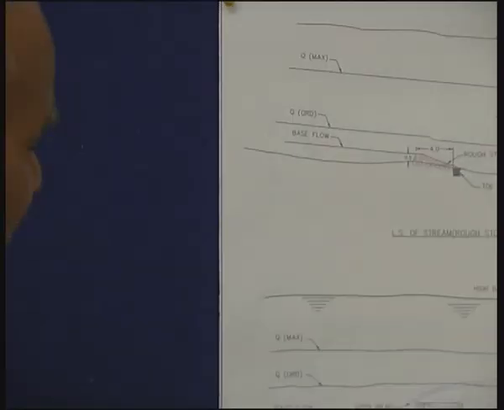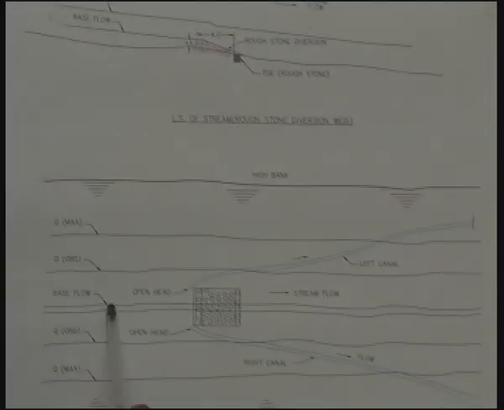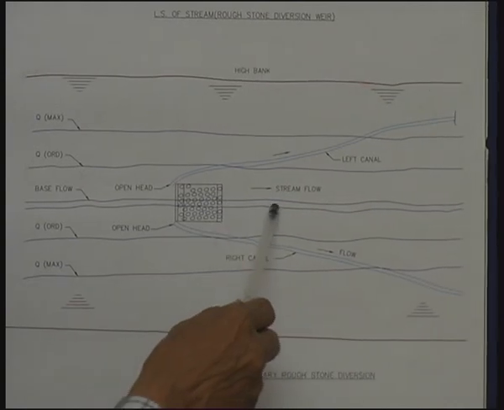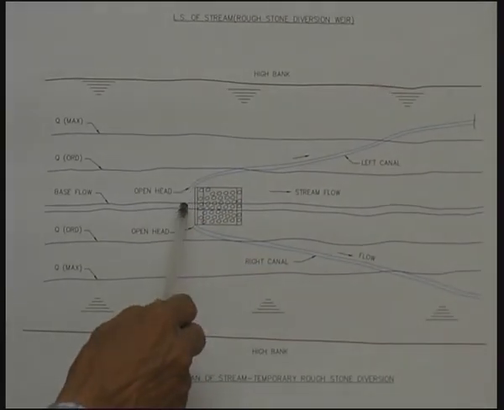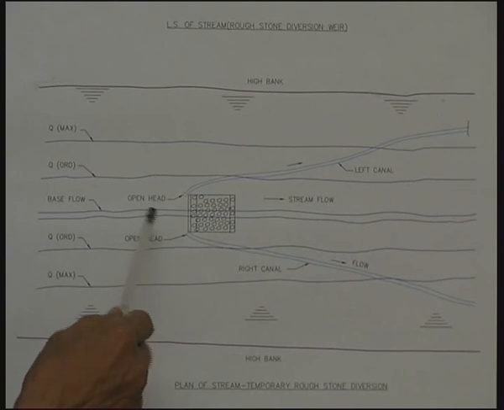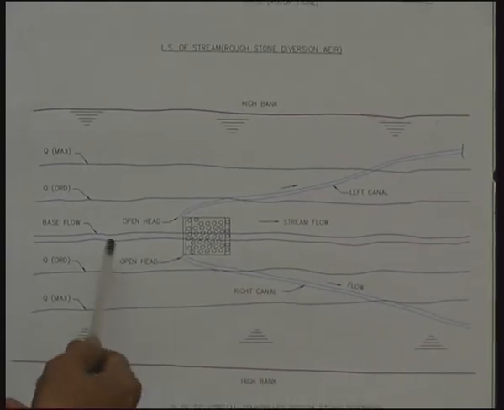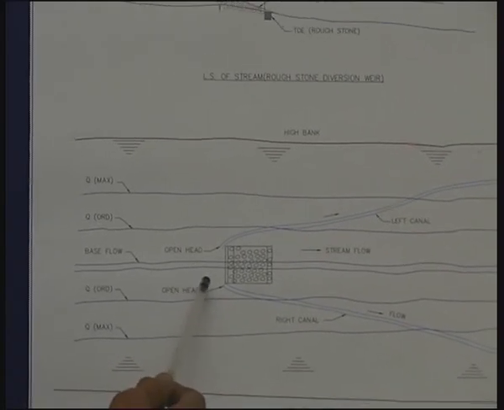Now in the case of base flows, there will be only small flow in the main course of the stream, in the bed of the stream, and it will be of a magnitude of 1 or 2 cusecs, as we said again. It could be even more than that in the case of a bigger stream.